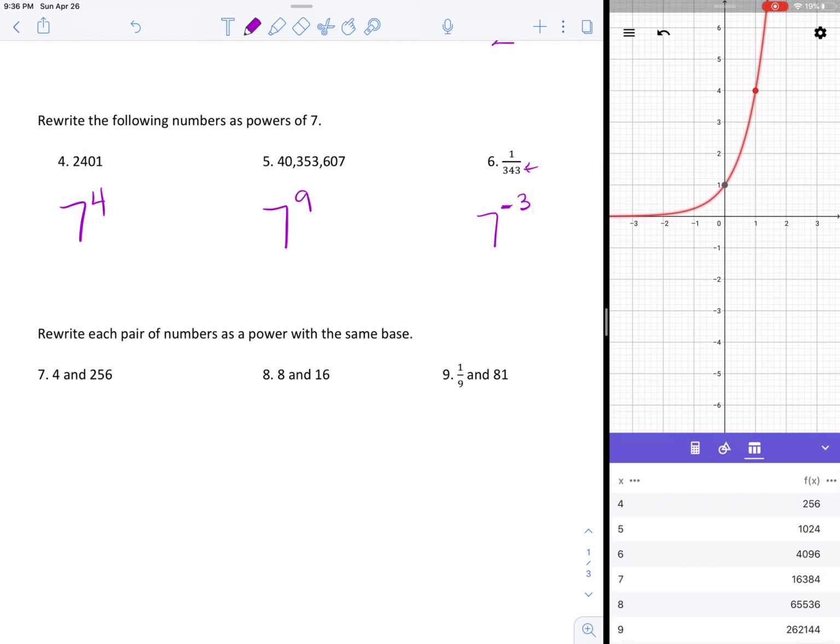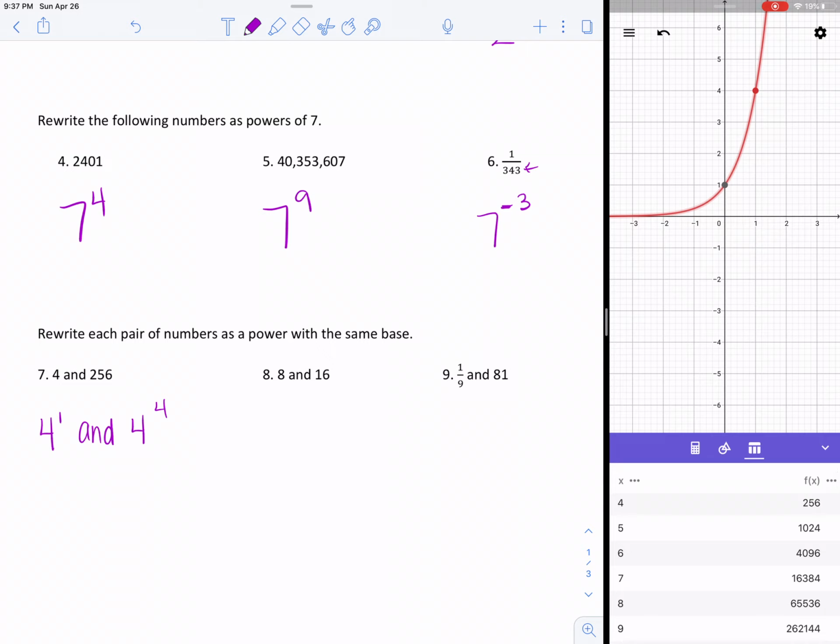So you actually have 2 options for number 7 here. We could write that they both could be powers of 4: 4 to the first power, and 256 is 4 to the fourth power, because the table of values tells me that when the input's 4, the output's 256.